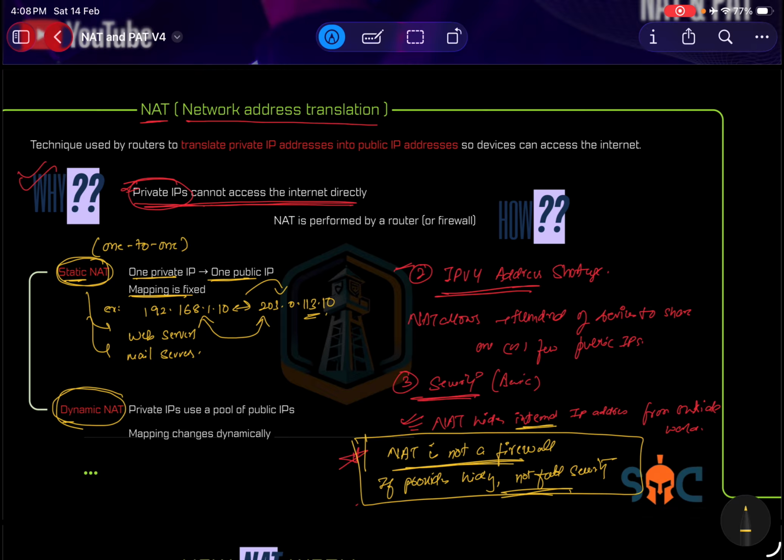Second is dynamic NAT. So dynamic NAT basically uses a pool of public IPs. I'll give you an example.